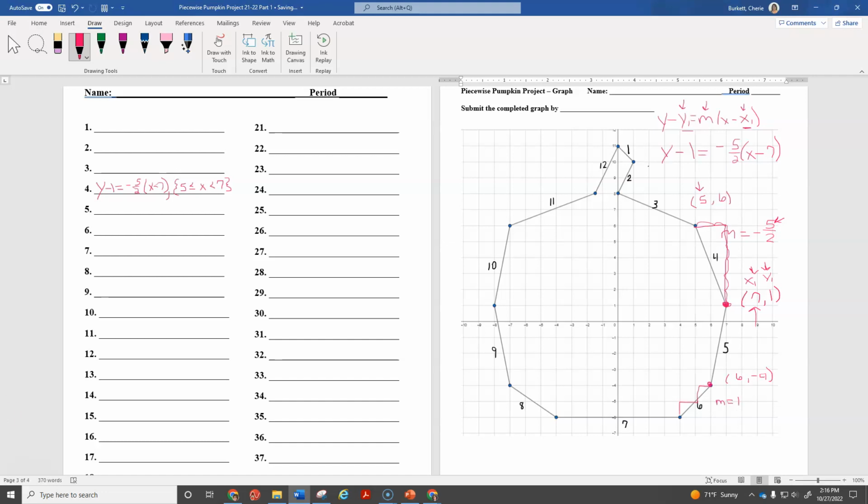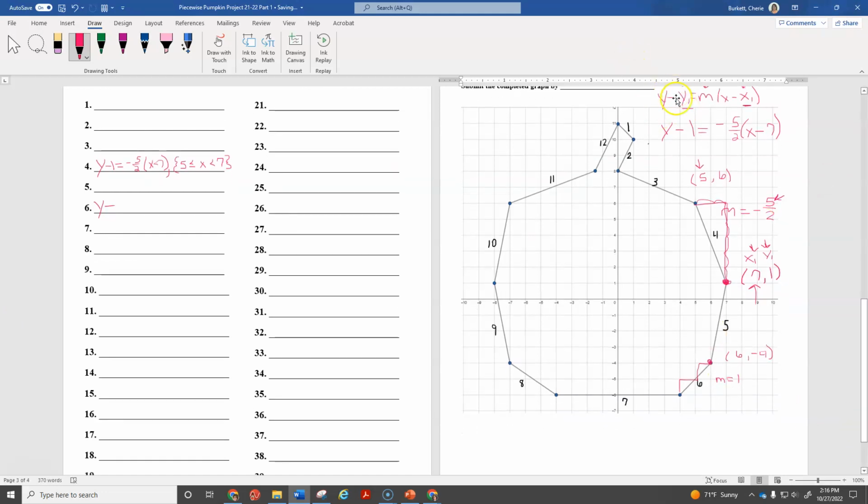So the equation for line number 6 is going to be y minus, the minus because of the formula right here. Here's the formula, so it's y minus, and then we're going to plug in a negative 4. So when we plug in a negative 4, I'm going to put a plus 4 right there. Minus a negative makes it be a plus 4. And then it's 1. You can put the 1 if you want to, but it's also okay to leave it off. And then x minus the 6.